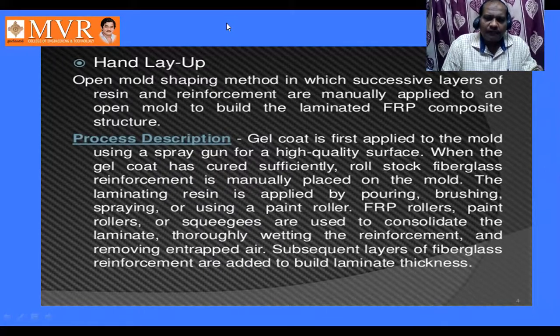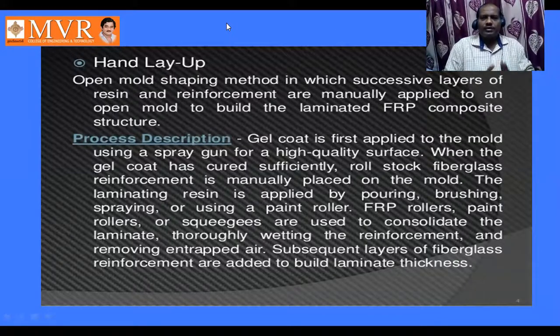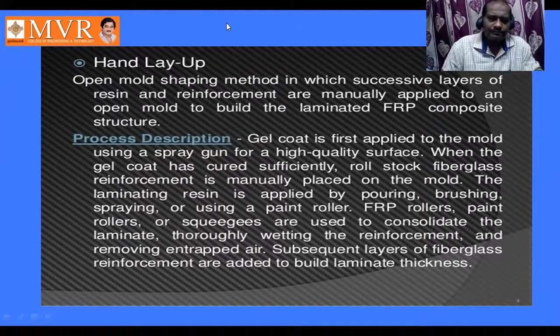After applying this, to have a consolidated form, we press from the top surface to the bottom surface with the help of rollers, so that a single compound is formed, thoroughly wetting the reinforcement and removing the entrapped air. By using this compression process with a roller, we remove the entrapped air so that it becomes like a single entity.